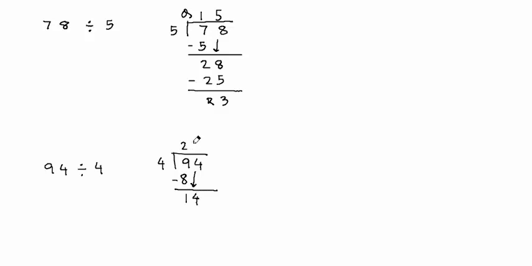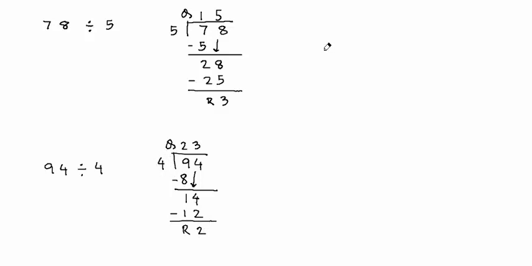Write down a 3 at the top. 4 times 4 goes over 14. So subtract. 14 minus 12 is 2. And then there's no digit to bring down. Therefore, the quotient is 23 and the remainder is 2. And the remainder makes sense because it's smaller than the divisor.